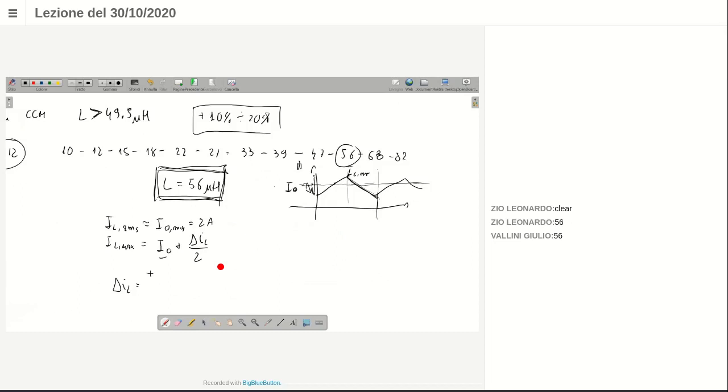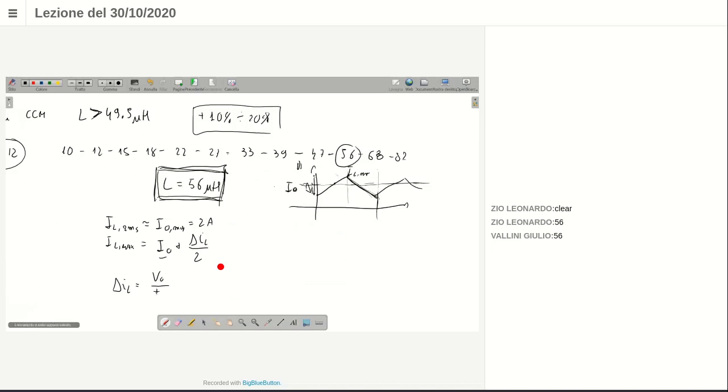The slope here is equal to the output voltage over L. I choose the discharging slope because the discharge depends just on the output voltage, which is constant, while the input voltage varies in a range, so it's more convenient to consider this part.